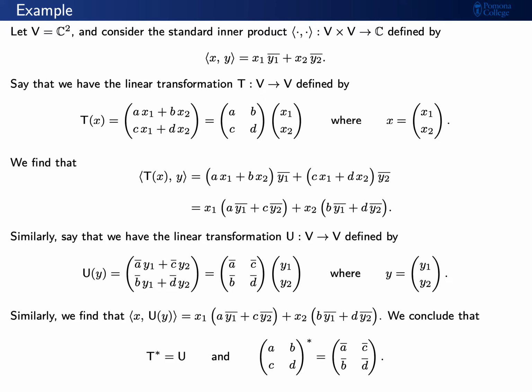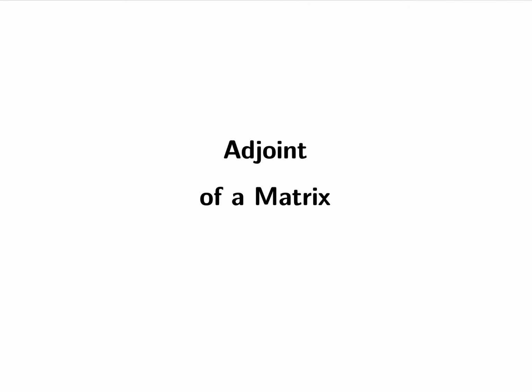This means that the adjoint of T is our linear transformation U, and moreover, the matrix associated to the adjoint of T, namely [A, B; C, D] star, is equal to the matrix corresponding to U, namely A conjugate, C conjugate, B conjugate, and D conjugate. We're going to come back and discuss this expression a bit more today. In fact, this actually motivates the concept of the adjoint of a matrix.